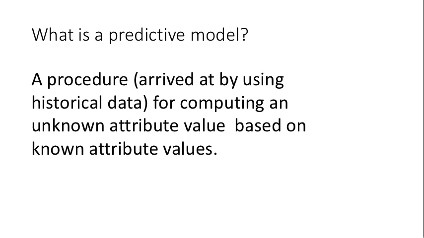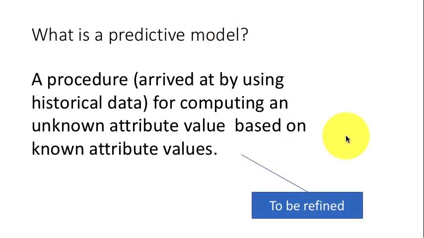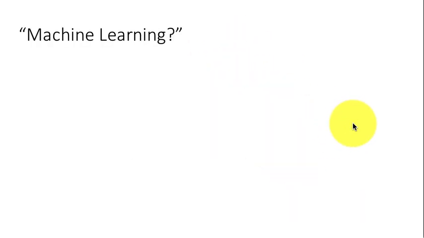We do not know it in the sense that in the future we don't know it, but historical data has that. So we are learning the pattern from the historical data and then applying it to new data for which we don't know the value. That's what we are trying to do here. And we'll refine this definition as we go forward.